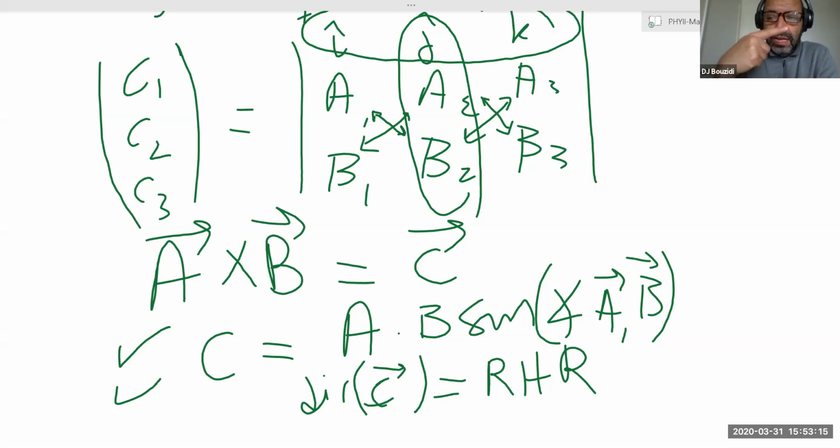If the angle is 0, the cross product is 0. If the angle is 180 degrees, the cross product is 0, because sine of 180 degrees is still 0. If the angle is 90 degrees, then this is the maximum value. If the angle is negative 90 degrees, then this is a negative number. So that's basically as far as the right-hand rule is concerned.